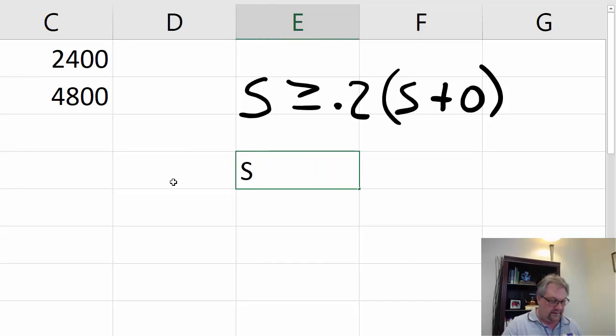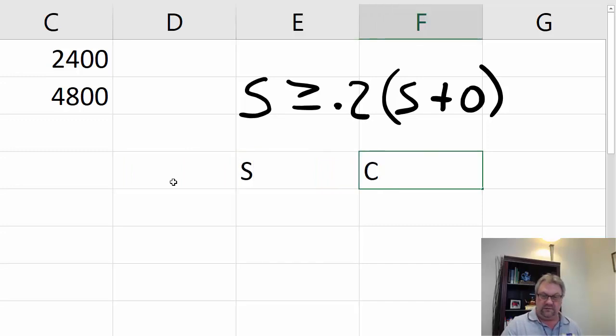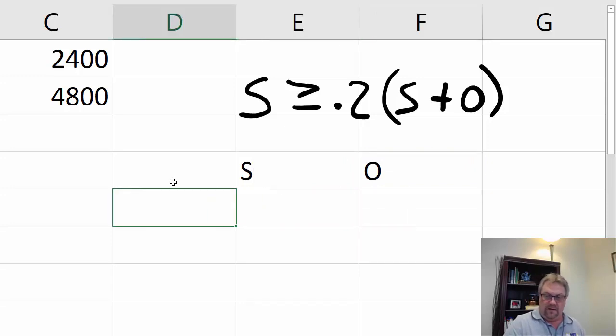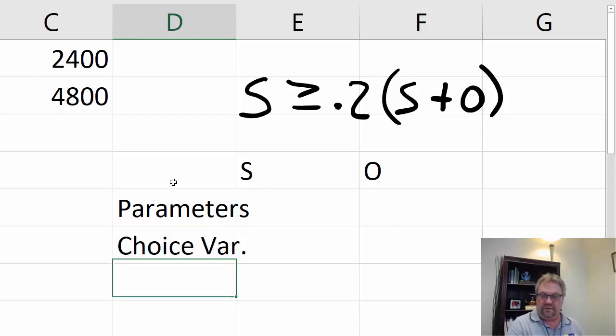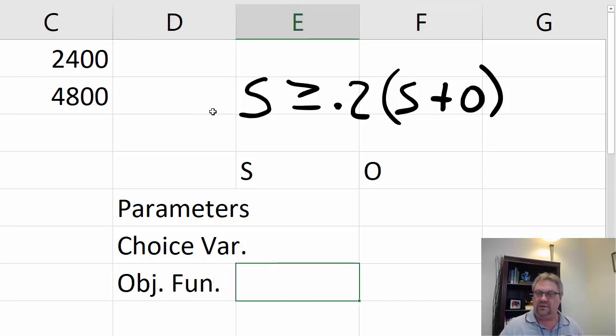Here is S, and O. Here are my parameters, choice variables, and objective function.